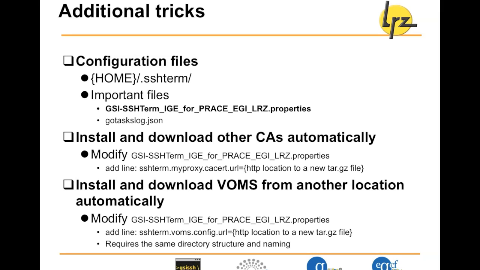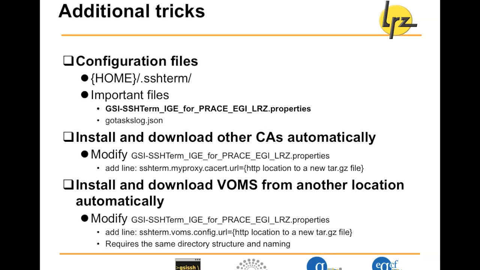It contains all the properties of your configuration, for example, the authentication order, your username, which authentication method you prefer, and such. And there is another file, the go.tasklog.json. This file contains the task manager information for your Globus Online too. It keeps a record of tasks that have been performed within 7 days.